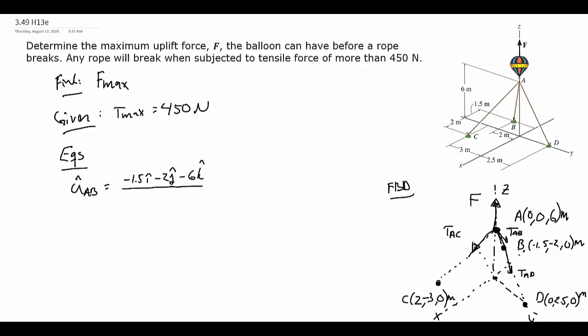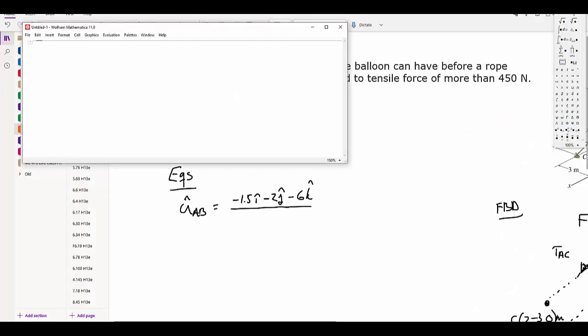And then we're going to have to divide by its magnitude. I'll jump right into Mathematica for this, since I'm going to have to find a bunch of these unit vectors. So RAB is negative 1.5 in the i, minus 2, minus 6 in the k. And I can find its magnitude here, which is 6.5.